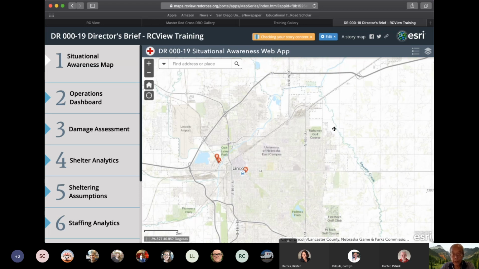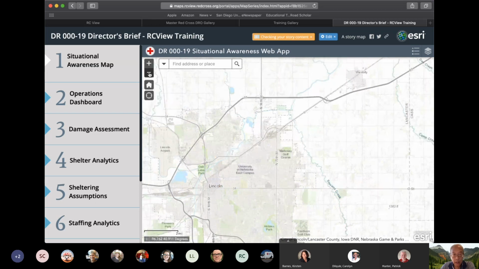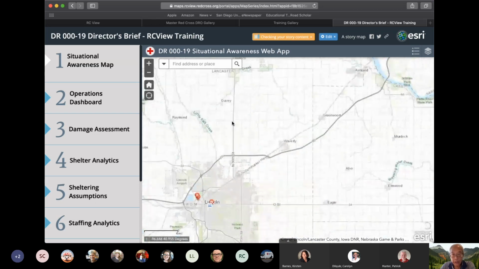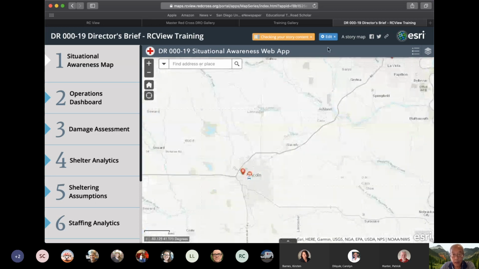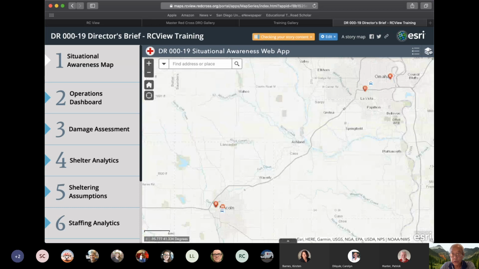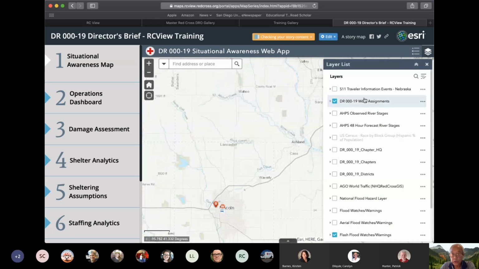So I can look at things spatially and say, well, I know they're going to be traveling along I-80 here. Now, there's road closures. So where are my road closures? I can click on this 511 information events. Now, of course, this is for training.